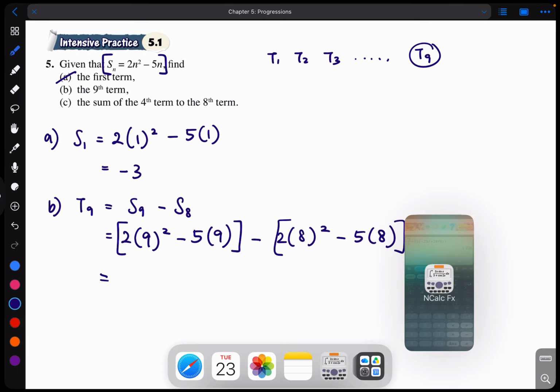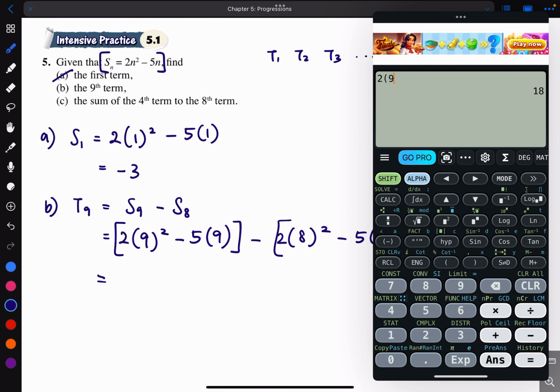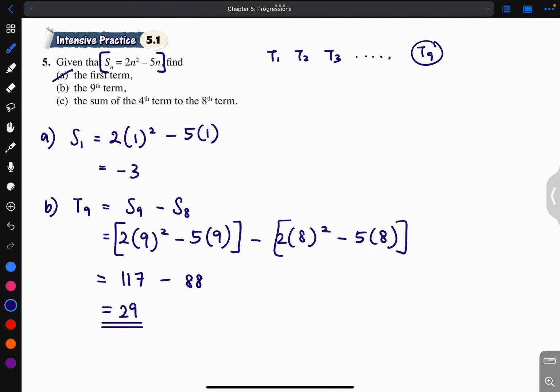So we sub all this in our calculator. 2 times 9 square minus 5 times 9, we get 117. And then we have 2 times 8 square minus 5 times 8, we get 88. So 117 minus 88, we get 29. So this will be our ninth term. Done.